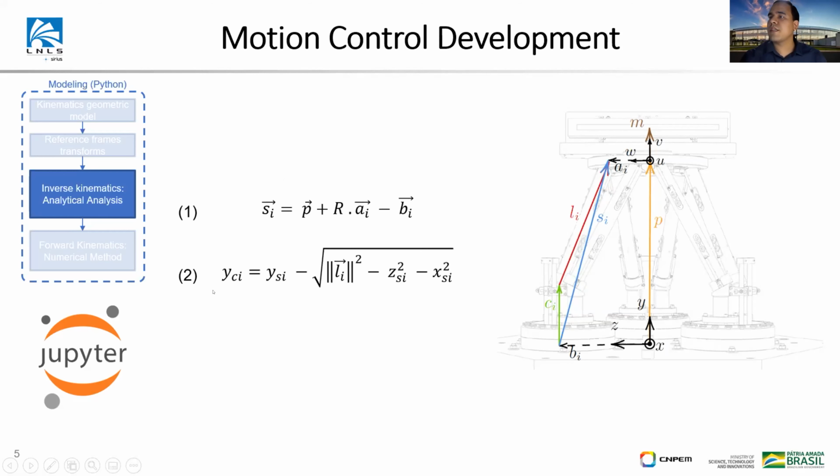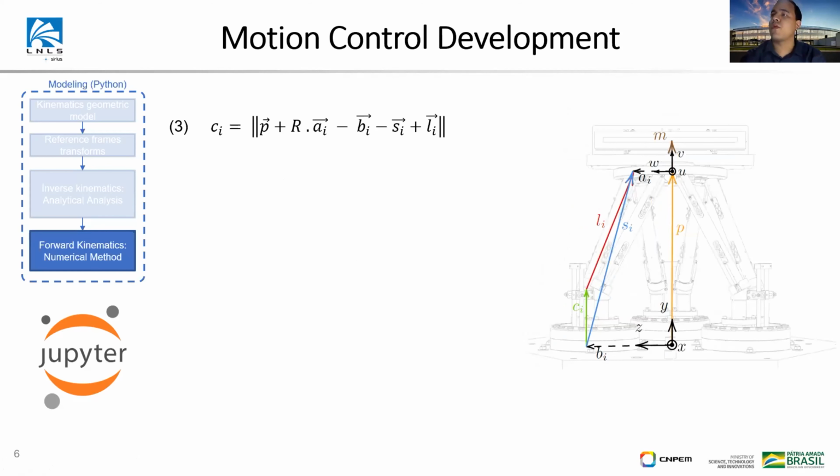Based on the inverse kinematics equations, we can go to the forward kinematics. For the parallel kinematics machines, the forward kinematics involves nonlinear functions shown in equation 3, being i from 1 to 6 for each actuator. We had to use a numerical method to solve it, so we chose to use the Newton-Raphson method, as it has a fast convergence rate and it's widely used.